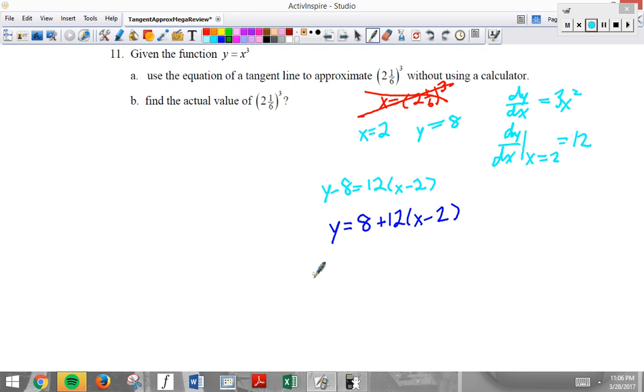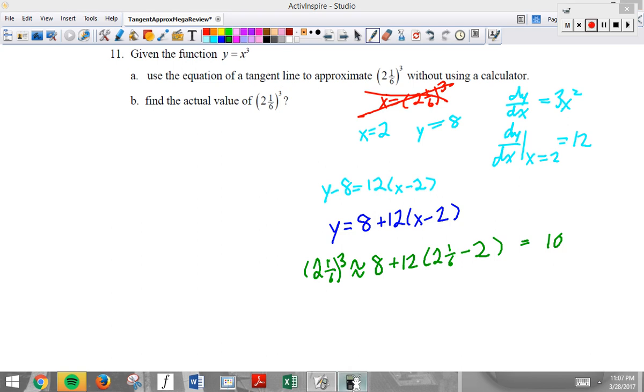And our approximation is, I can write like this also, 2 1/6 cubed is approximately equal to 8 plus 12 times 2 1/6 minus 2, which is 10. Okay?